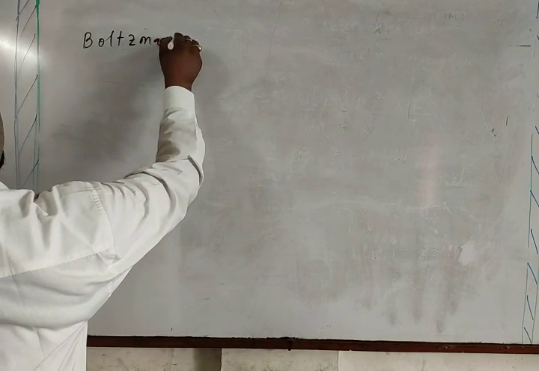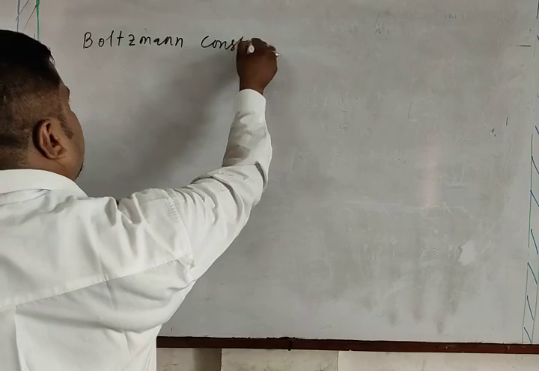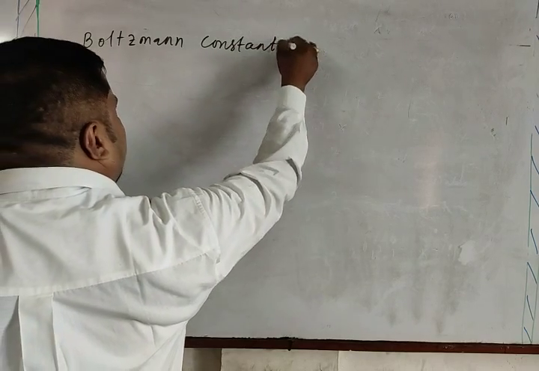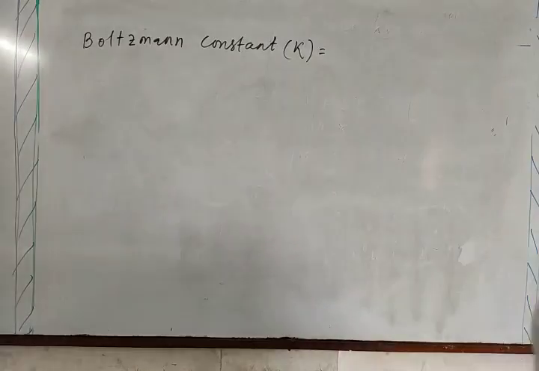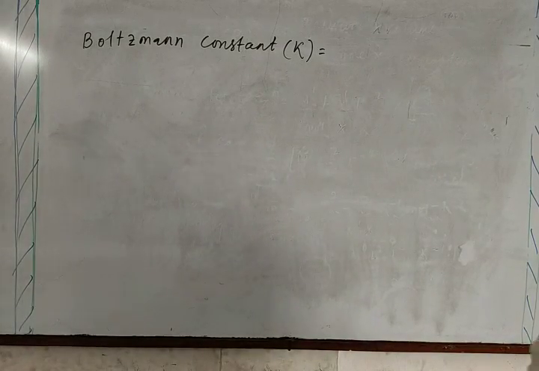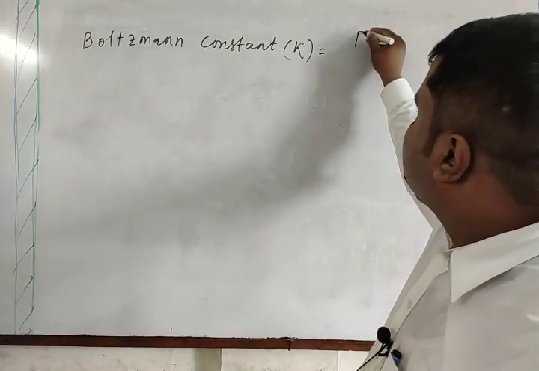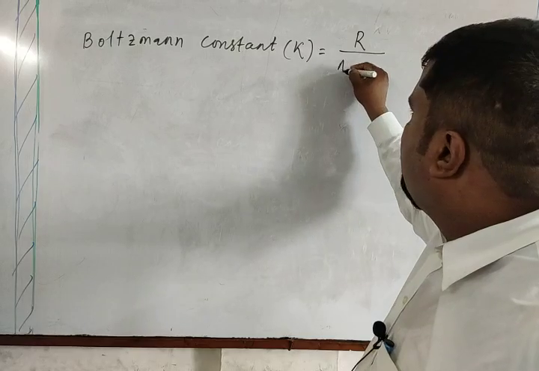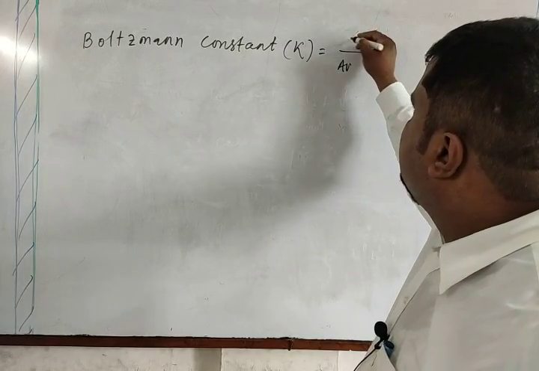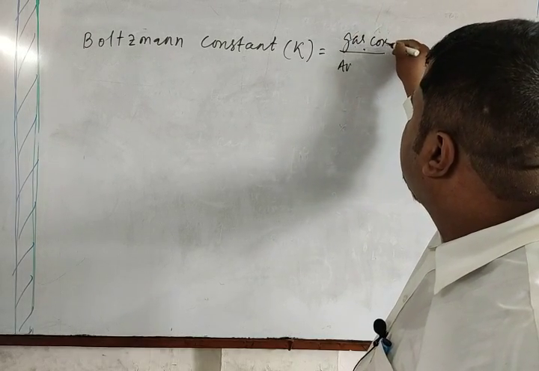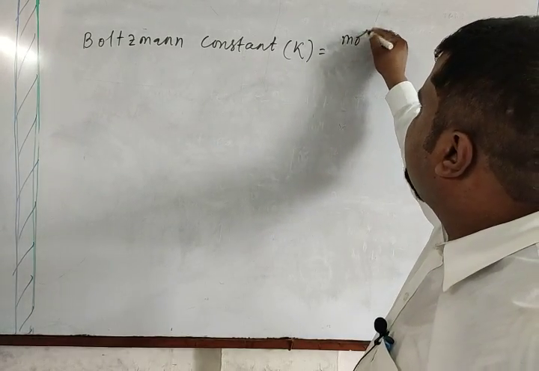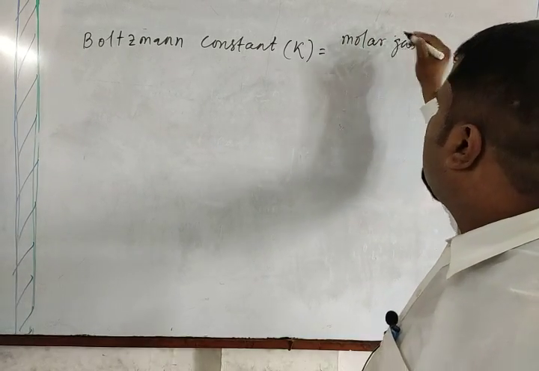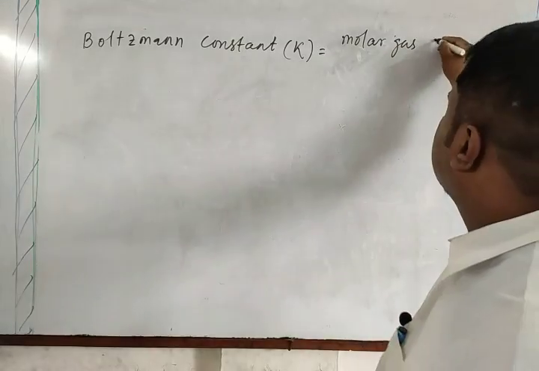It is written as K. What is this Boltzmann constant? The Boltzmann constant is the molar gas constant divided by Avogadro's number. I can write this as the gas constant, taking it as the molar gas constant for 1 mole.